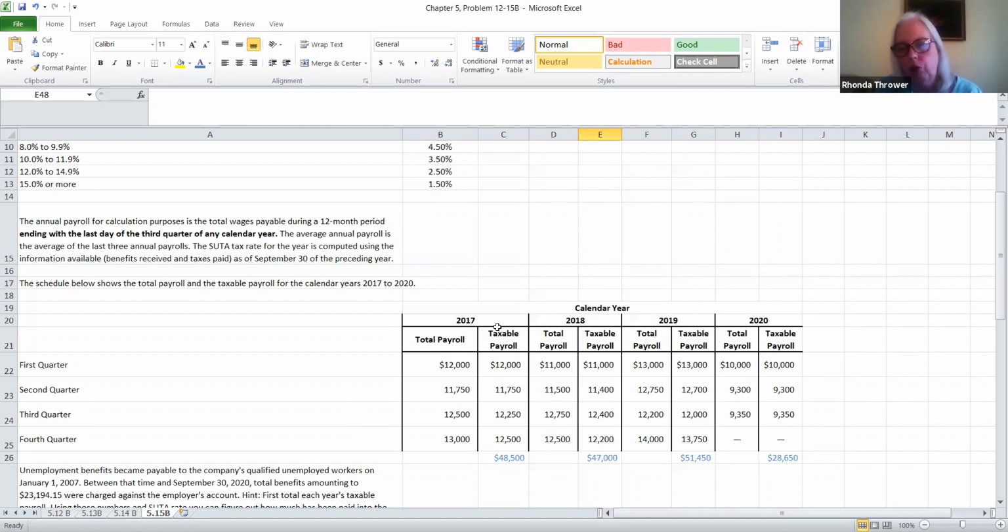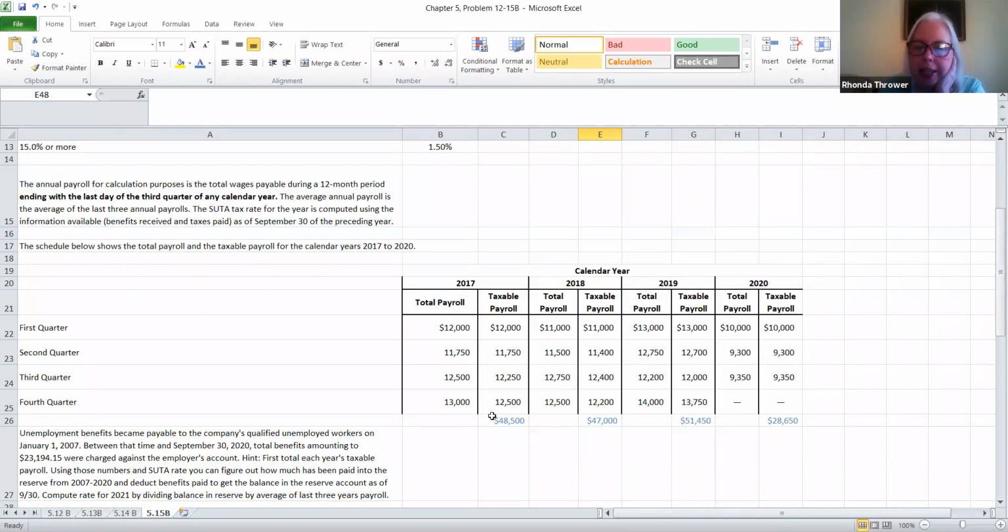For 2017, they showed you the total payroll and how much of that was taxable. They did the same for 2018, 2019 and 2020.